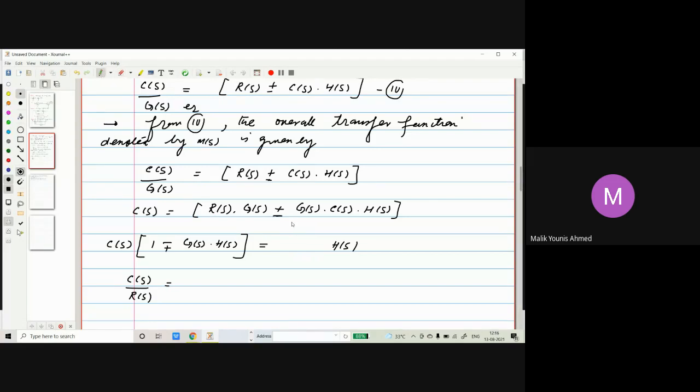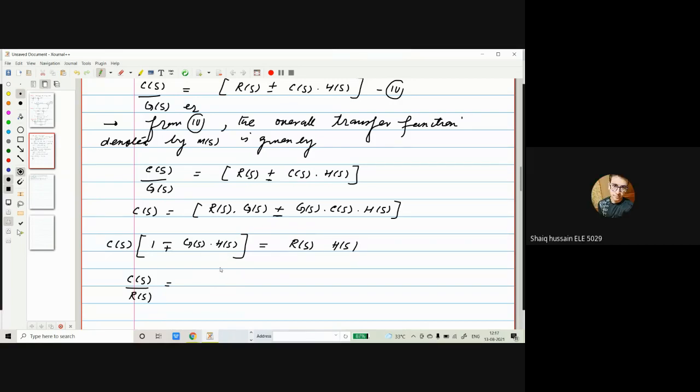When we take this out, here will be plus minus G of s, H of s. C of s is common in this term. Here will be left R of s, G of s, sorry, G of s, H of s. This term will come here, so this is R of s plus H of s, fine. So now C of s by R of s will come here.